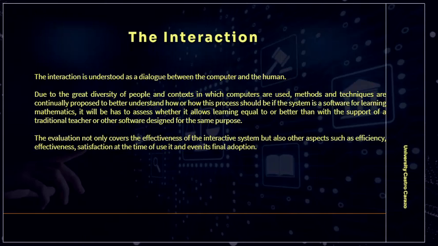If the system is a software for learning mathematics, it has to be assessed whether it allows learning equal to or better than with the support of a traditional teacher or other software designed for the same purpose.